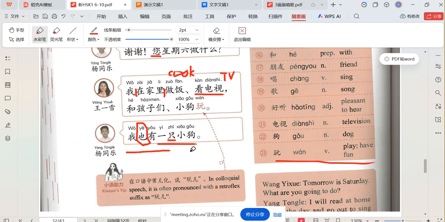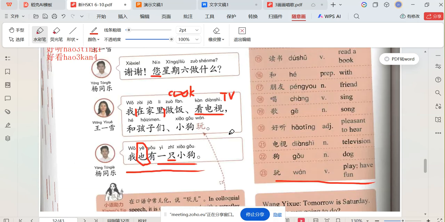So let's say the whole sentence. I also have a small dog. 我也有一只小狗。So if someone asks you, oh, do you have a dog or cat in your house?